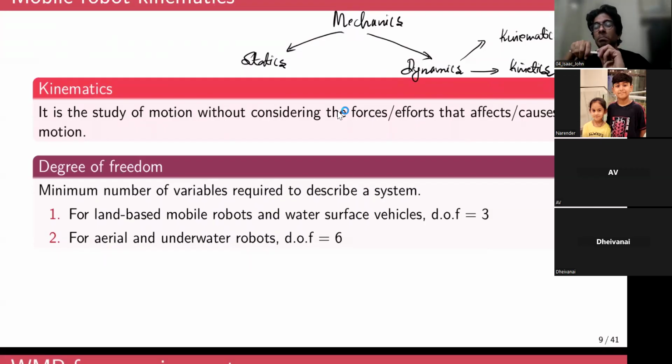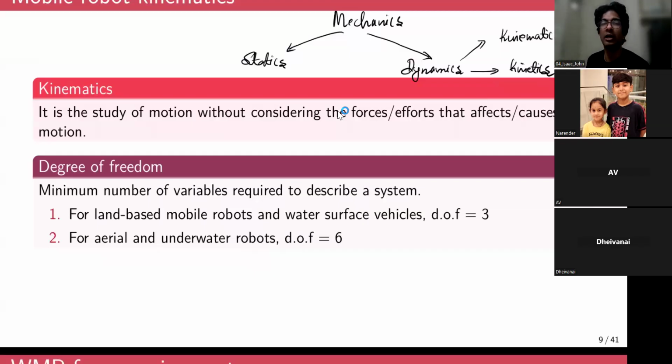You need three coordinates to fully describe its position, and you need three more coordinates to describe its orientation, right? It can rotate about the vertical axis, it can roll about its longitudinal axis, or it can pitch up and down. Three rotations. So generally, for any rigid body, you require 6 degrees of freedom to fully describe it.